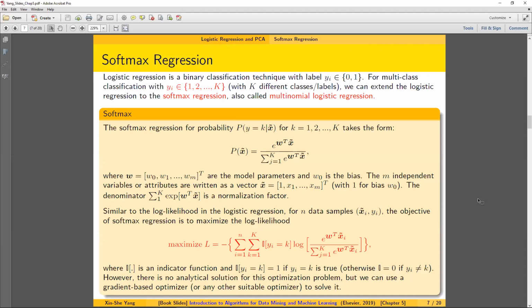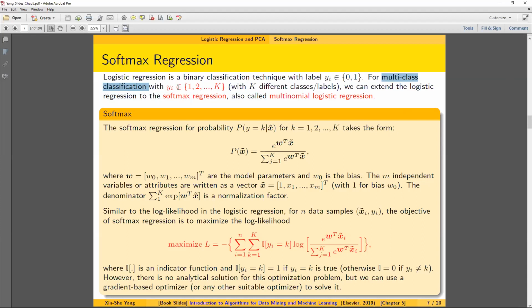Let's expand a little bit. So far we discussed logistic regression with binary output, and then more than one independent variable, multiple independent variables with binary output. What if instead of binary output, the dependent variable has multiple classifications?